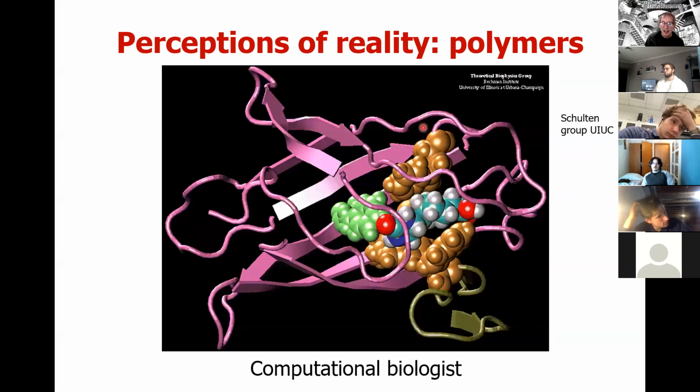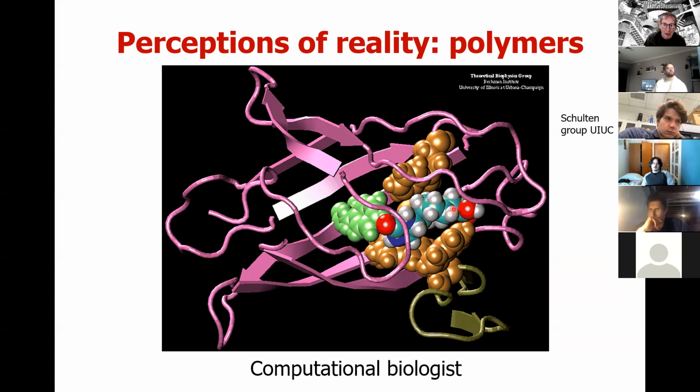Here is how one of my colleagues, Klaus Schulten, who also sadly passed away a few years ago, too early, and who was a pioneering computational biologist, would view it. They would make models of proteins and other biological molecules, where you might say a large part of the molecule is some helix or some beta sheet, and then there might be some sites where reactions occur or some important conformations that need to be captured.